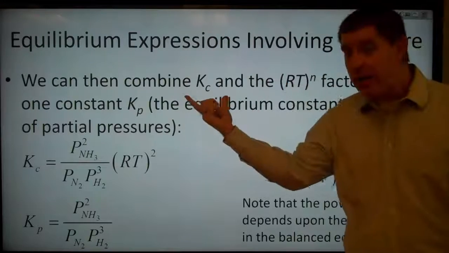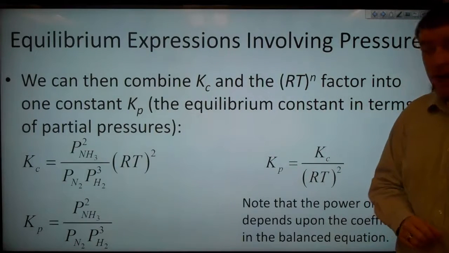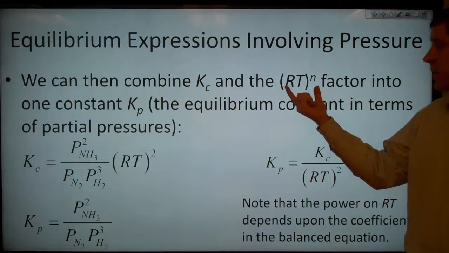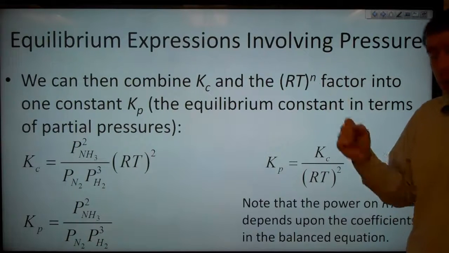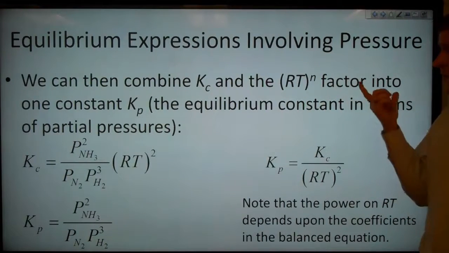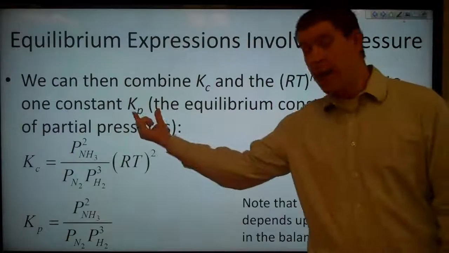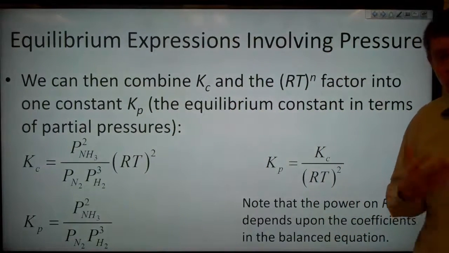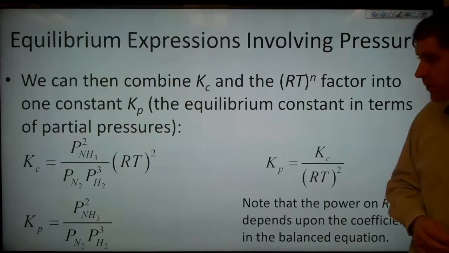Now we can combine our Kc, our equilibrium constant in terms of concentrations, and the RT to the n, whatever n happens to be, into one constant, the Kp, the equilibrium constant in terms of pressures or partial pressures of our gases.